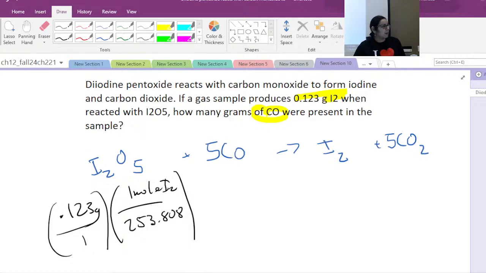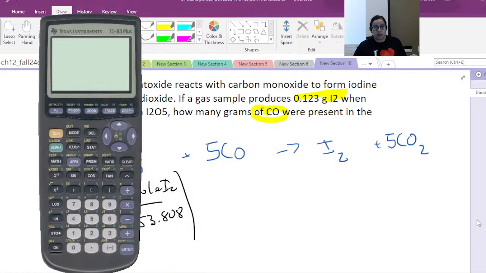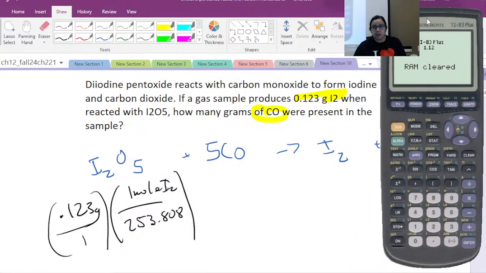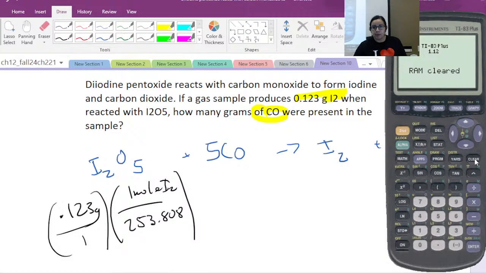So let me get my calculator. And chat, just make sure that you do the diatomic. So again, it's I2. So I get a pretty small number. All right, so now we're at moles of iodine. And so then what can we do next here?